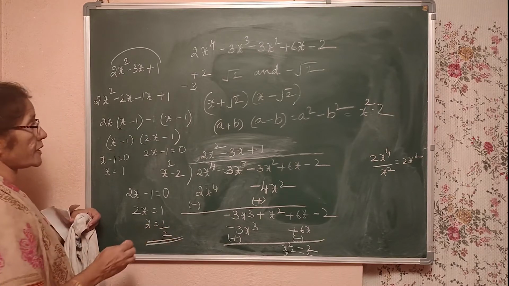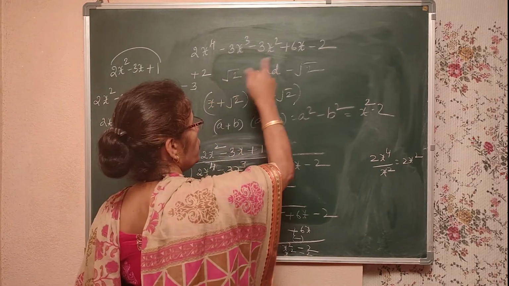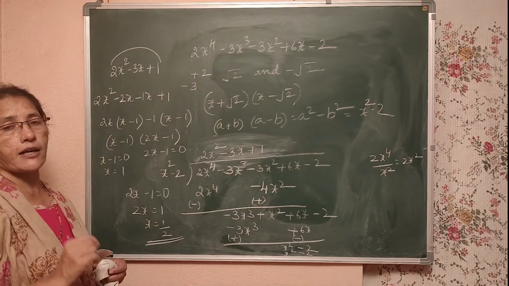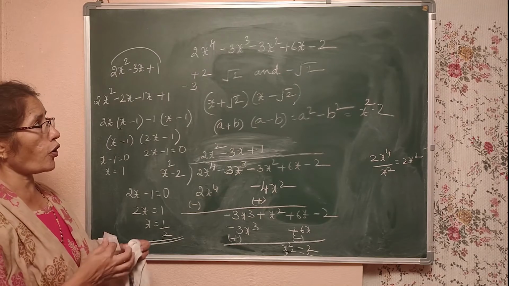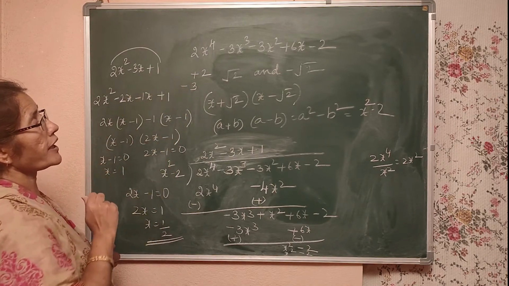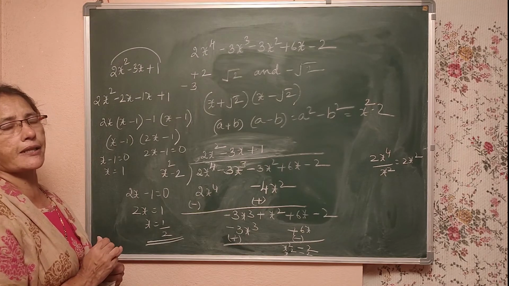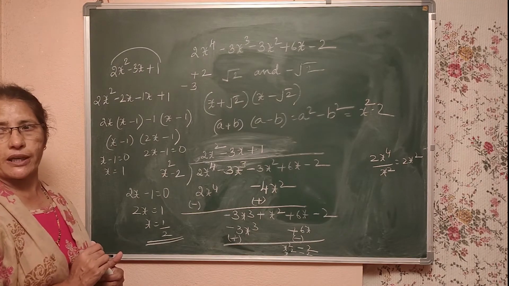So what are the four zeros? Square root of 2, minus square root of 2, 1 and half are the four zeros of this polynomial 2x to the power of 4 minus 3x cube minus 3x square plus 6x minus 2.